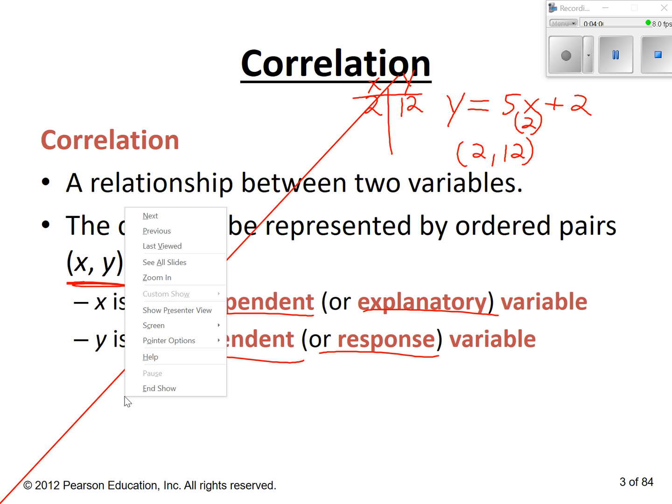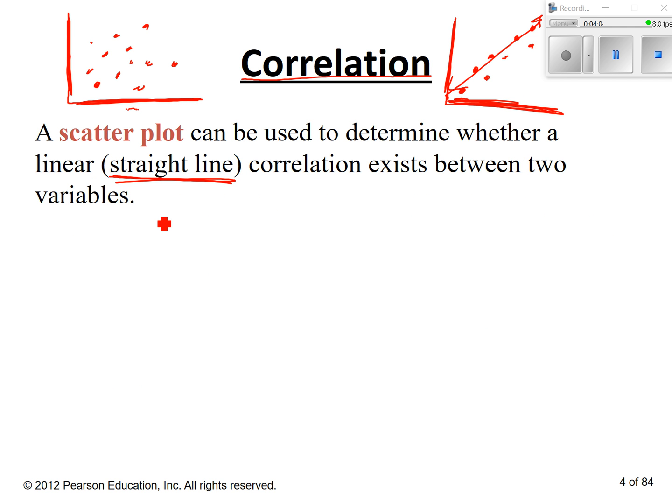If you remember back to geometry, I told you never ever to say straight line, because all lines are straight. But here they actually use that term. So is there some correlation that exists between the two? As one moves, does the other move in a correlating direction, or in a direction that's the same for all the different points?